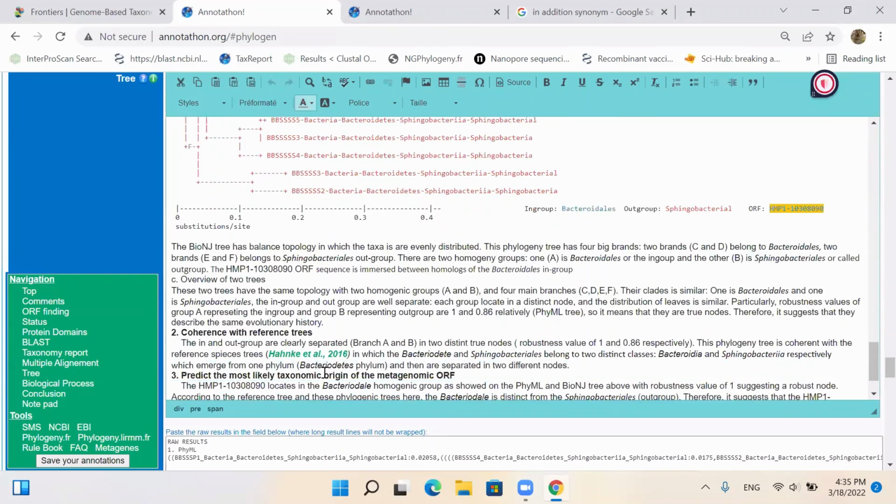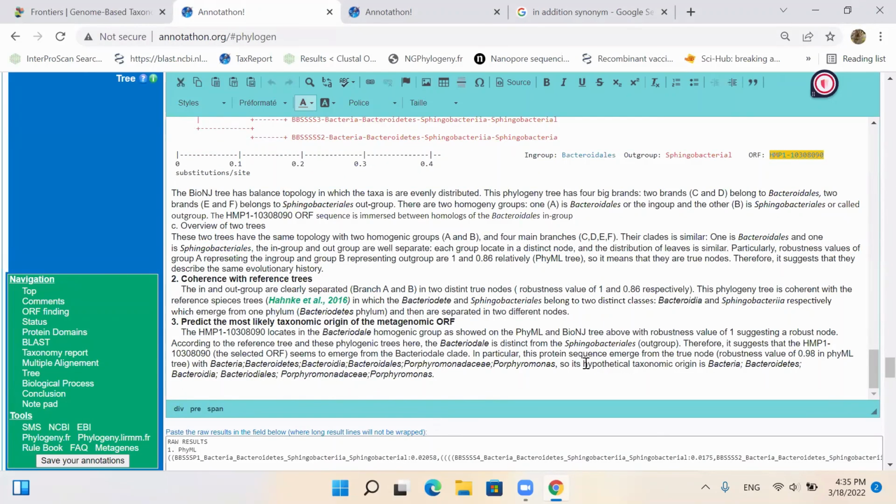Can I conclude that my hypothetical taxonomic origin is Porphyromonas, because it's in the same node with the known bacteria?